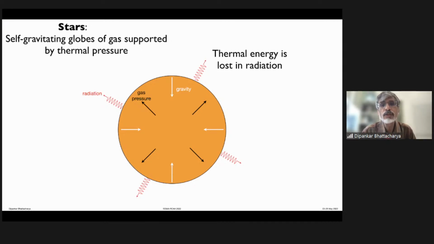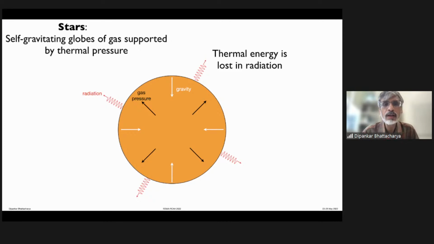The radiation is going to take away the thermal energy which these particles have. These ions and electrons, as they move about, are going to radiate at the cost of their kinetic energy. So their kinetic energy will go down, which means the temperature will go down. If the temperature goes down, then the pressure will drop. If the pressure drops, then gravity is going to pull it further together.